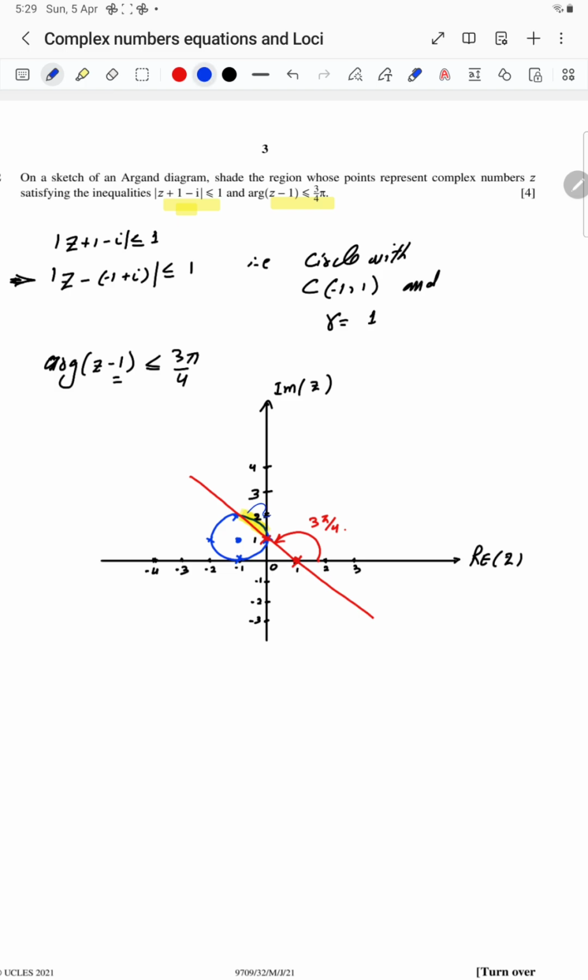Yes, this shaded area I need to shade, that is less than 3π/4 and inside the circle as well, less than 1. So this is the shading region which satisfies this locus. I hope it is clear.